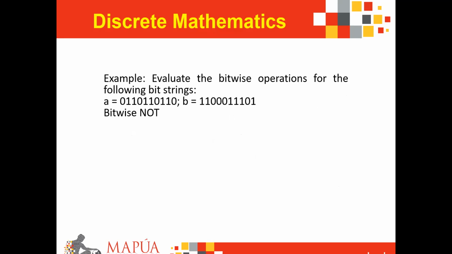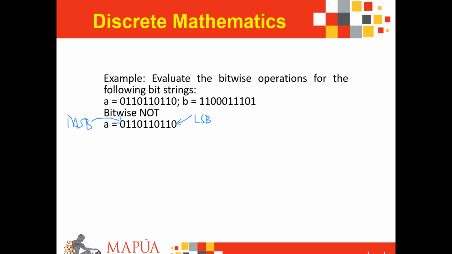In order to perform a bitwise NOT operation on, let's say, A, the complement of A, or A naught, would eventually mean inverting all your corresponding bit values from 0 to 1 and all ones to 0, starting, of course, with your least significant bit, which is found here on your bit string, all the way up to your most significant bit, which is this bit on your bit string.